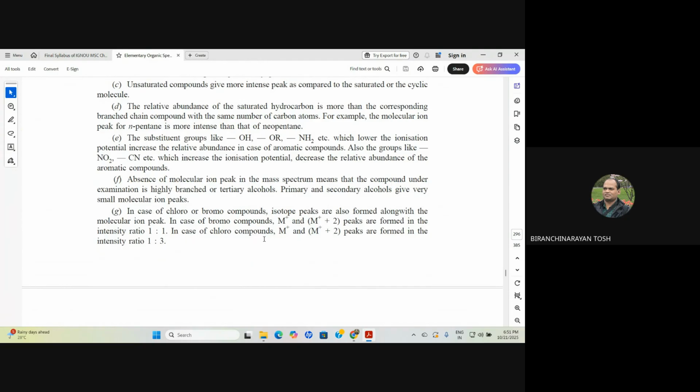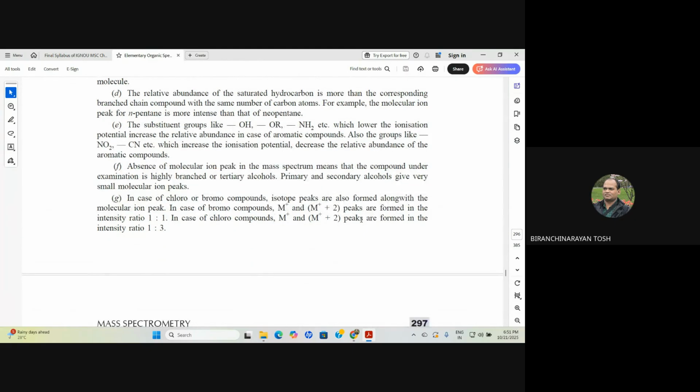In chloro compounds, M and M plus 2 peaks are also formed in the intensity ratio 3 to 1. So isotopic means, in chlorine, 35 and 37, two isotopes are there. M plus 2 means if it is 35, this is the 37 isotope. So you will get the ratio of 3 to 1 in this case, and 1 to 1 in case of bromo.